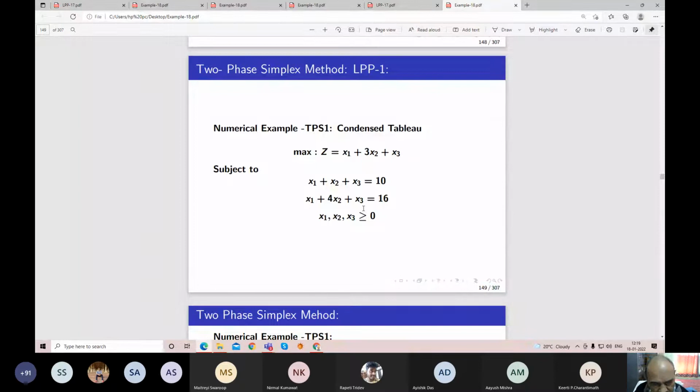Both A1 and A2 are non-negative, so their minimum value is 0. Since we are artificially adding these variables, we like to make them 0 always at the end of the table, end of the procedure. Whether we can make it 0 or not, we'll see.